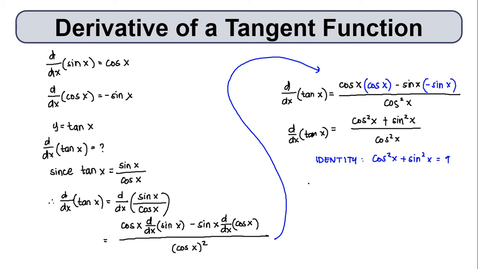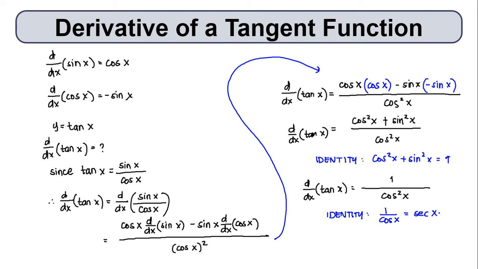Okay? So, therefore, yung ating derivative ng tangent x it is now equal to 1 over cosine squared ng x. And also, ang relationship naman ng 1 over cosine squared x, no? Another identity, 1 over cosine ng x equal yan sa secant x.